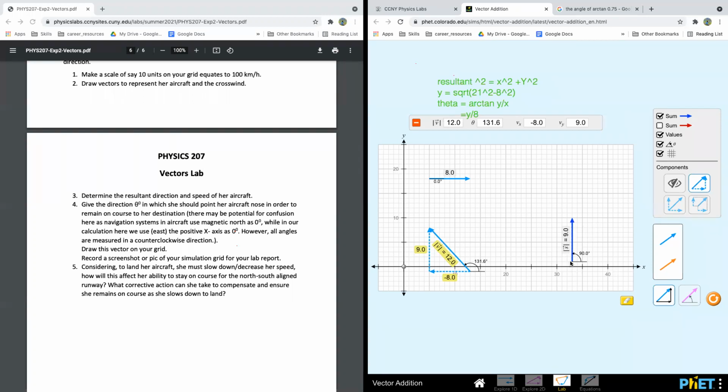Yes, so she will have a slightly direction to fly east, right? You don't have to specify how much it will be changed because it just asks you to describe. You can describe what you see. And then the corrective action she can take is to adjust her direction more west in order to remain on the course.